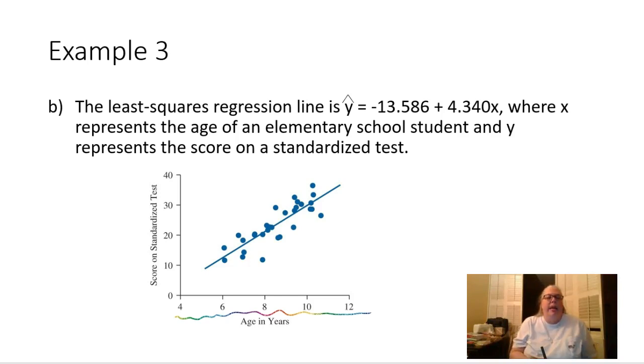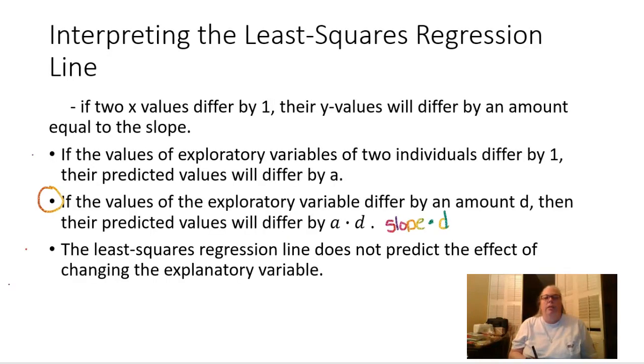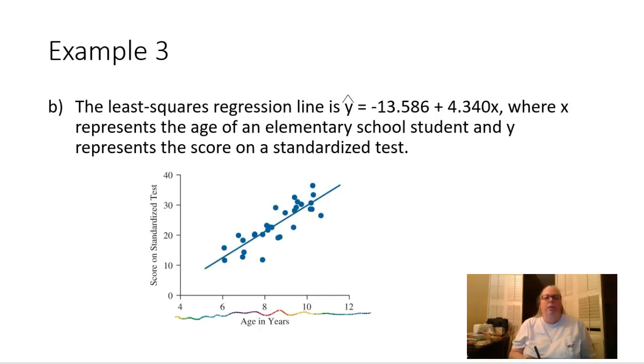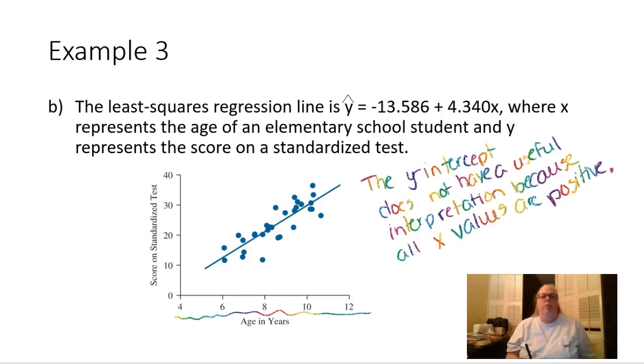So the fact that all of my x values are positive tells me that our y-intercept doesn't really have a useful interpretation. Let's write that down. So our conclusion right here: the y-intercept does not have a useful interpretation because all of our x values are positive.